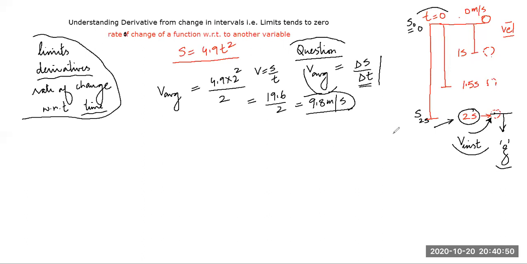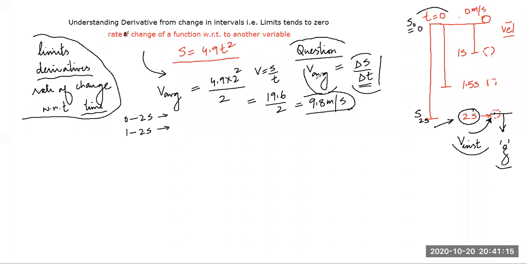So what the student did, and what the NCERT has beautifully done, is they have taken another time interval. The initial time interval was 0 to 2 seconds, and again they took 1 to 2 seconds. They decreased the interval, and then they find the average velocity, because this is the only formula for velocity we had before the birth of calculus, delta s by delta t.